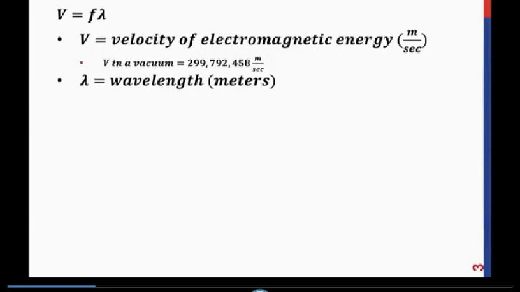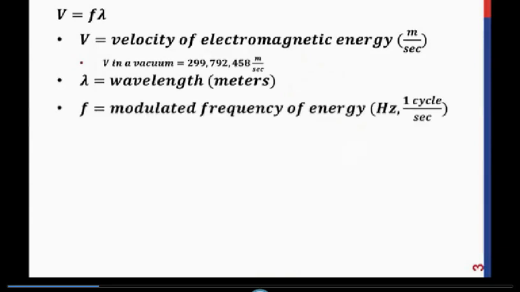Lambda is the wavelength of the electromagnetic wave, measured from this point to this point, written in meters. F is the frequency of the electromagnetic wave, measured in hertz. Hertz is nothing but per second. So how many cycles of waves are emitted per second?